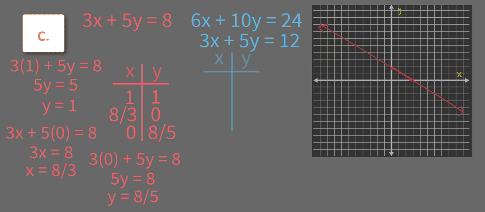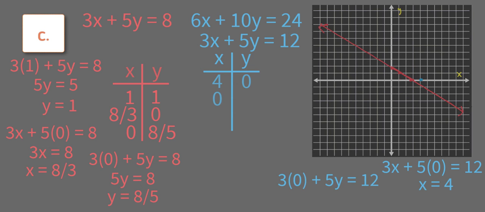Again, we'll go ahead and plot our points x, y. When y equals 0, we have 3x equals 12, so that means x equals 4 when we divide both sides by 3. So let's go ahead and plot that point. 4, 0. When x equals 0, we have 5y equals 12. So y equals 12/5, or 2 2/5. So 0, 2 2/5.